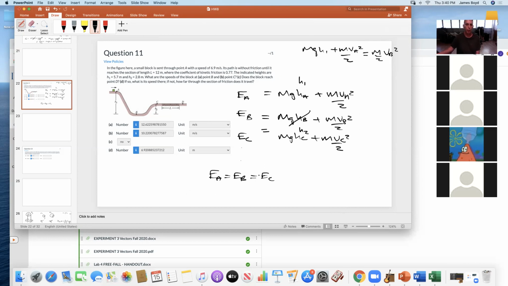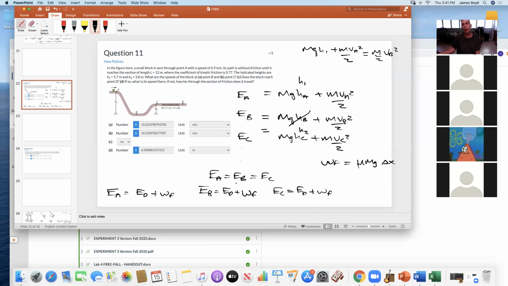Once we do that though, EA is equal to ED plus work of friction. EB is equal to ED plus work of friction. EC is equal to ED plus work of friction, where the work of friction is mu N, which is mg, times some change of x.